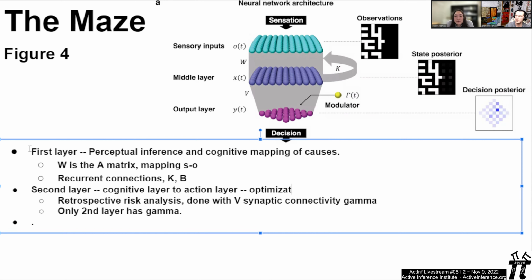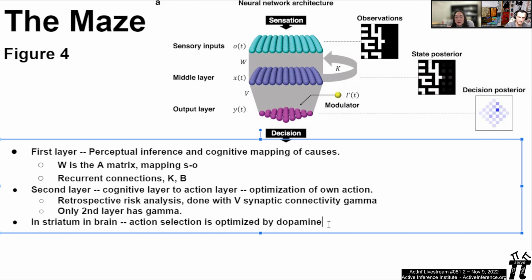So, for example, in the striatum in the brain, action selection is optimized by modulation of dopaminergic input. So usually that circuit receives signal from cortical neural circuit and sends signal to another neuronal nucleus in the midbrain.